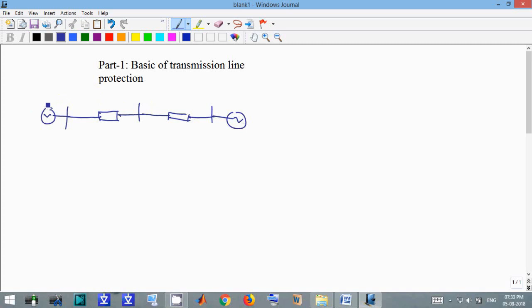Say this is VS, and this is VR, and this is bus number 1, this is bus number 2, and this is bus number 3. Say in bus number 2 there is a load connected.